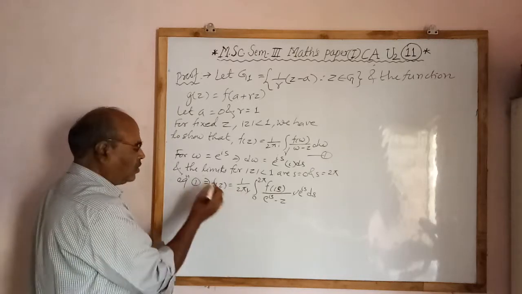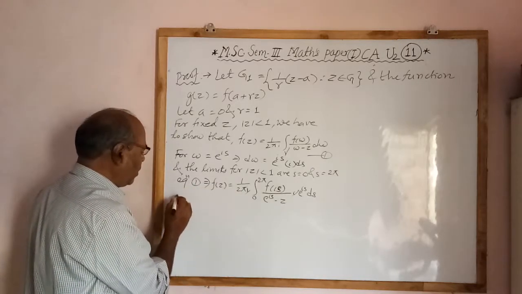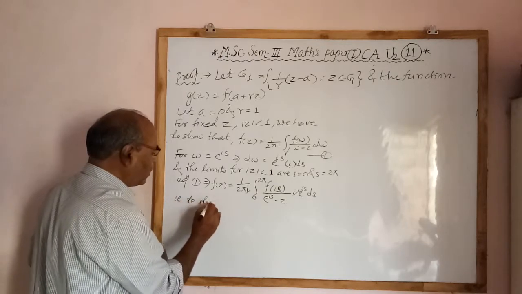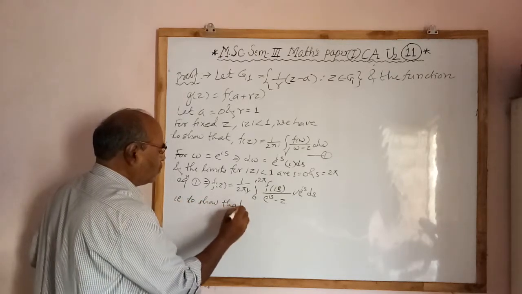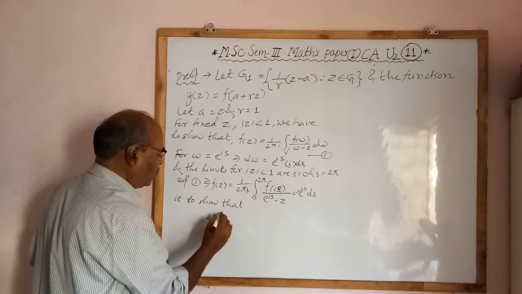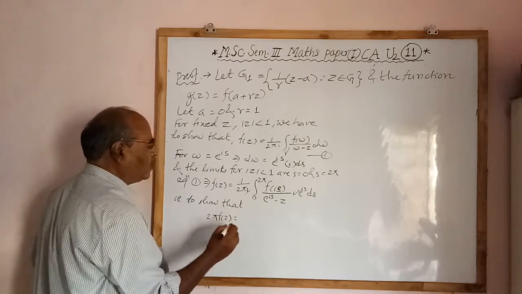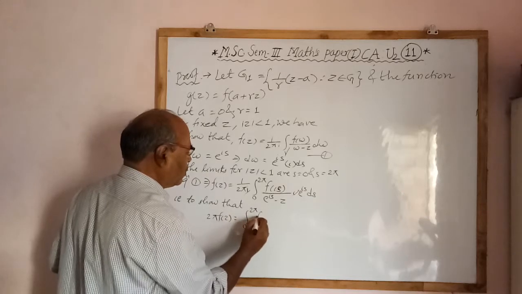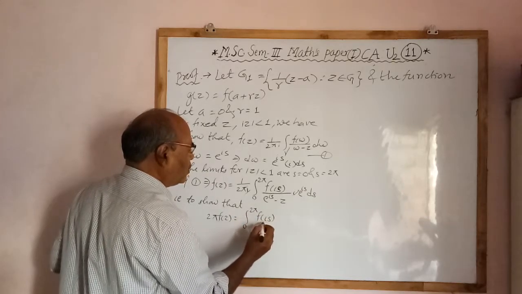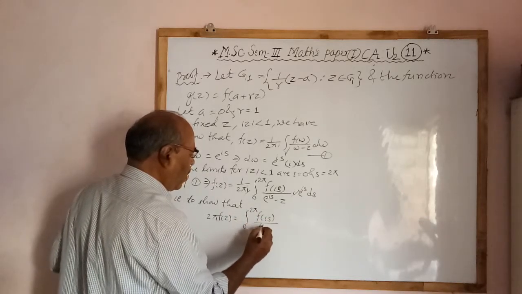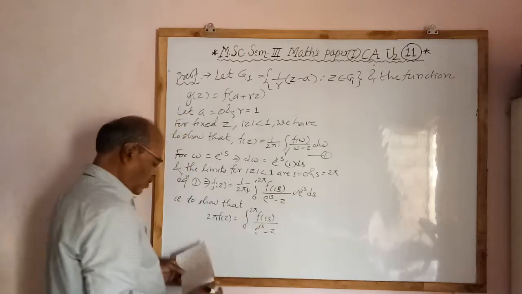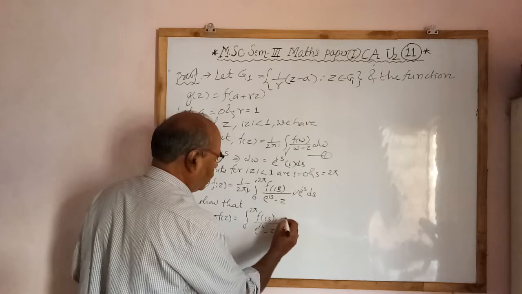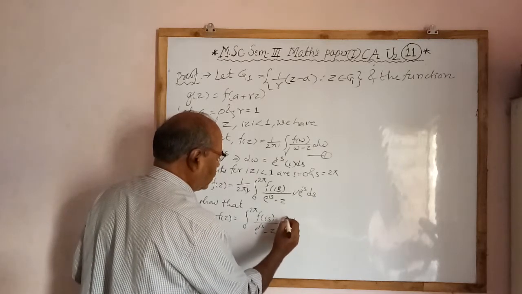Now if you multiply by twice pi on the left hand side, we show that twice pi into f of z equal to integration 0 to twice pi of f of e to the power is divided by e to the power is minus z, into e to the power is ds.